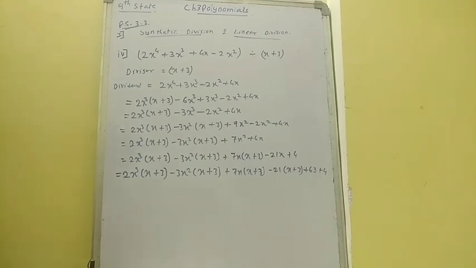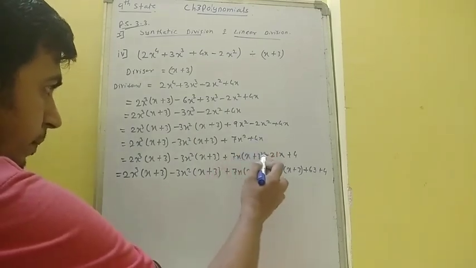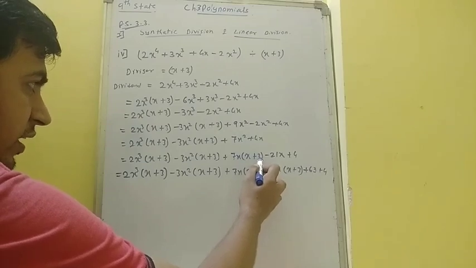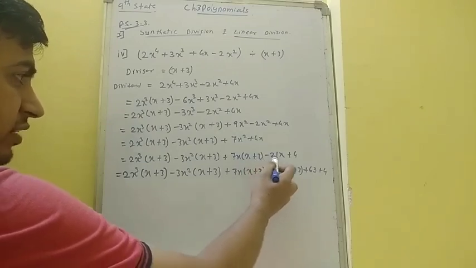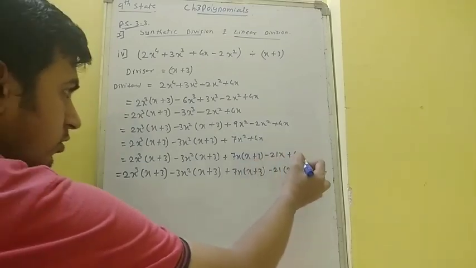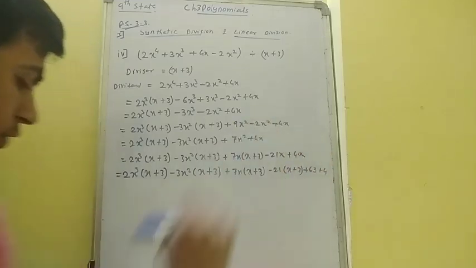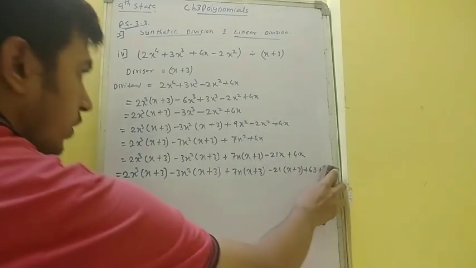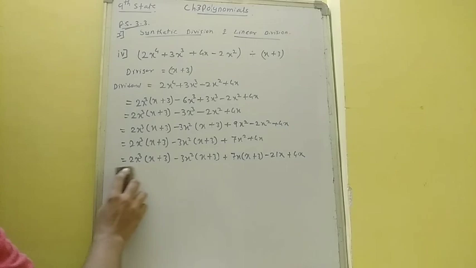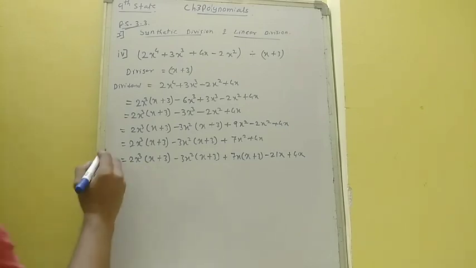Okay, sorry, there is a mistake from my side. See, 7 threes are 21x, plus 21x is adjusted by minus 21x, and this is not 4, this is 4x. Okay, so I will just write it again.